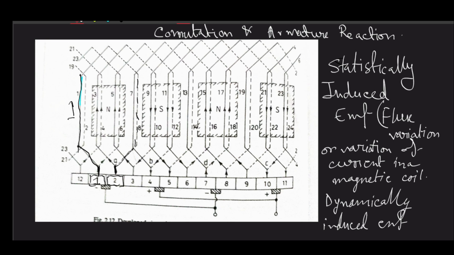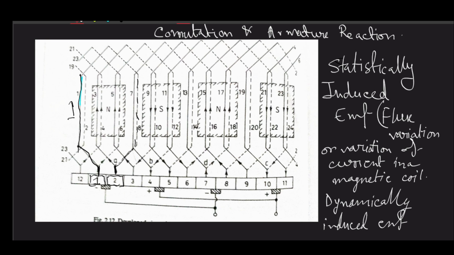Now, if you commute a coil that is not in the interpolar region, suppose the two ends of the coil are placed under the polar region and therefore EMF is getting induced across them, and you try to short the coil or change its current, then you will have to work against the dynamically induced EMF.